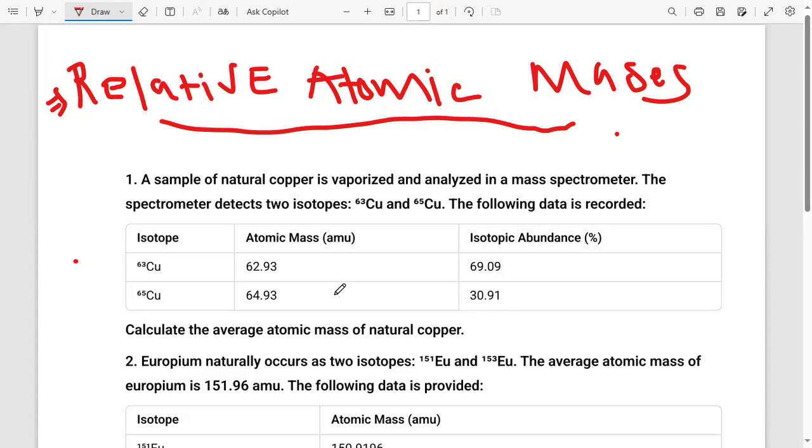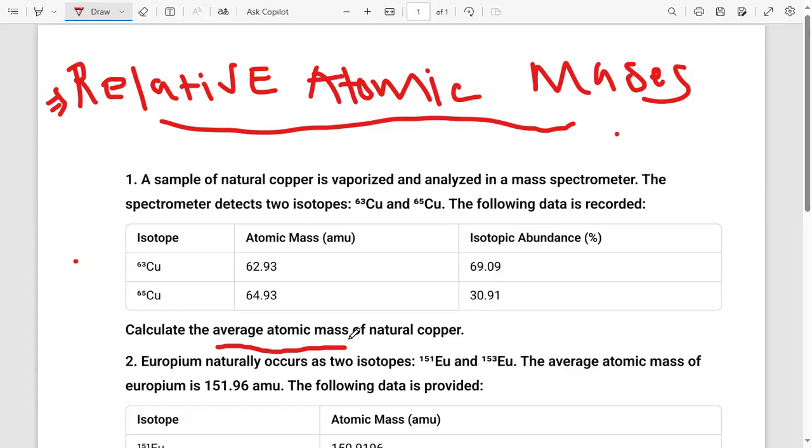All right, so under this concept of finding the relative atomic masses using isotopes, we have mainly 2 types of questions that come, okay? So the first one is where they're asking you to find the relative atomic mass. Sometimes they just say average atomic mass. So average atomic mass and relative atomic mass mean the same thing, okay?